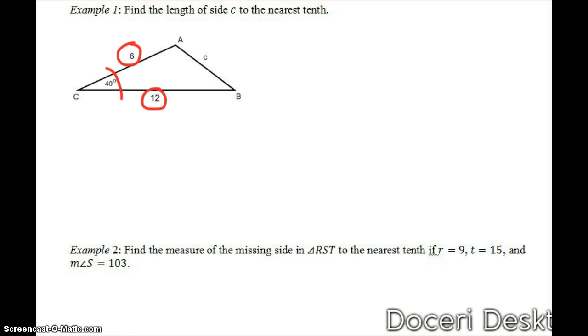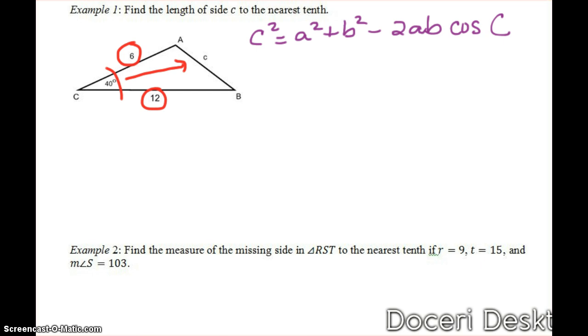And we're going to find side c, which is opposite angle C. So since I'm going to find side c, I'm going to write that version of our equation down: c squared equals a squared plus b squared minus 2ab times the cosine of C.